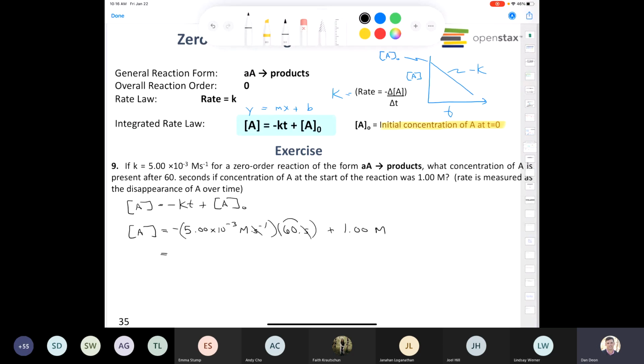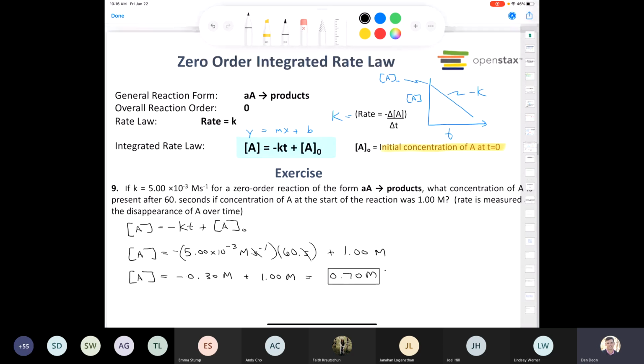I should only have 2 sig figs here because I have 2 sig figs in 60, and that gives me concentration of A is equal to negative 0.30 molar plus 1.00 molar. You take 1 and you add negative 0.3 to it, what do you get? 0.70 molar. And so after 60 seconds, that is the concentration of A, because the concentration is going to decrease over time.